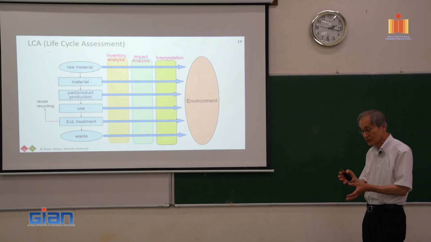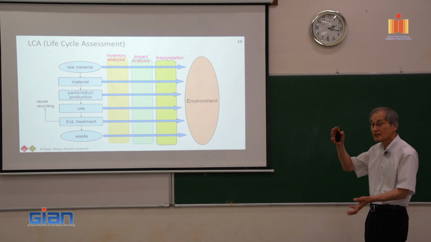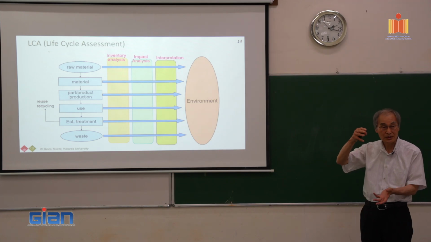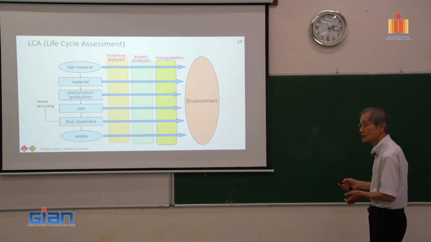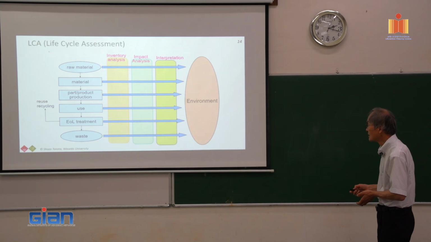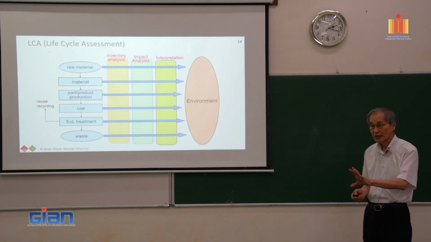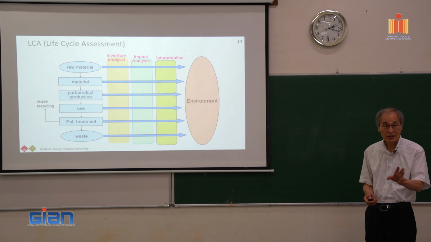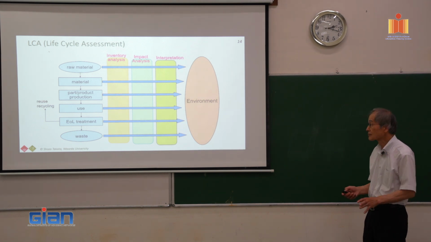For the purpose of deciding which one is better, you need to integrate these different kinds of impact. This is called interpretation or integration of the impact. Then you can say which product or which life cycle is better in terms of environmental impact and so on.